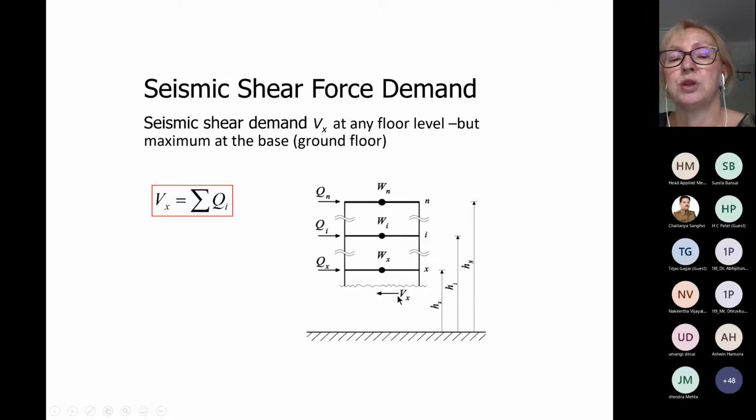This shows that the story force at any level in one direction of the earthquake is equal to the sum of seismic forces above that level, isn't it so? If that level is at the base, then all forces are taken into account. We don't even need to divide into different forces. We just calculate the force at the base.